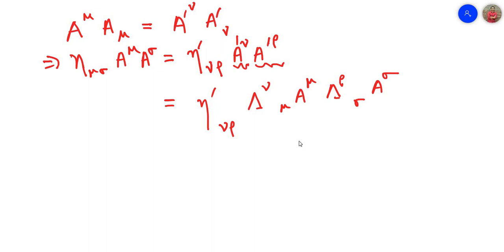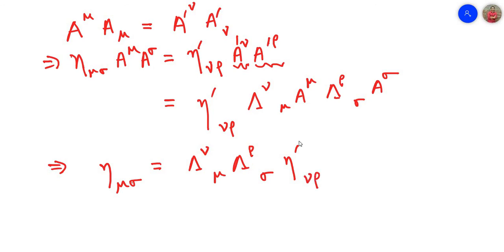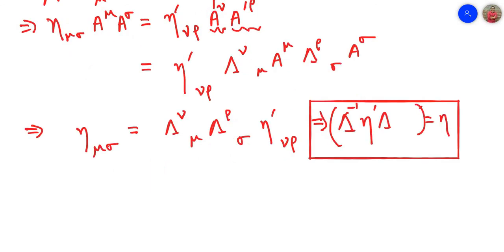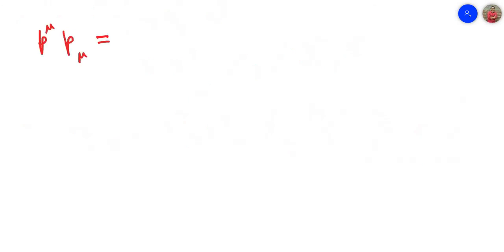And we notice that from this we can deduce the transformation of the metric, and we have lambda nu mu lambda rho sigma eta prime nu rho, which is exactly the way we expect the metric to transform under Lorentz transformation.